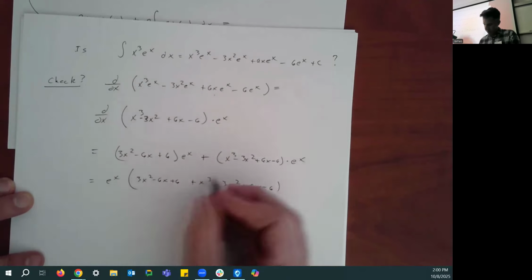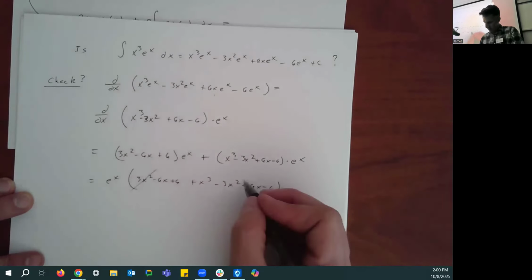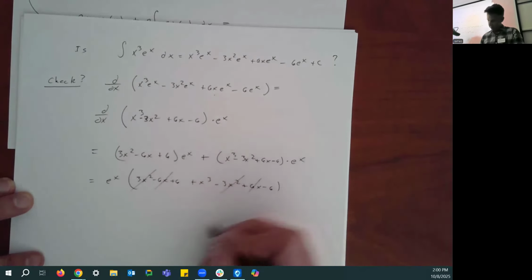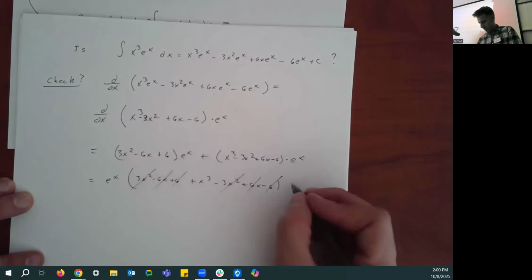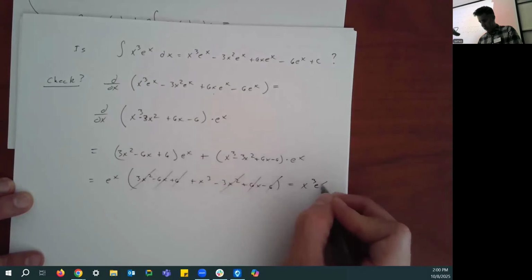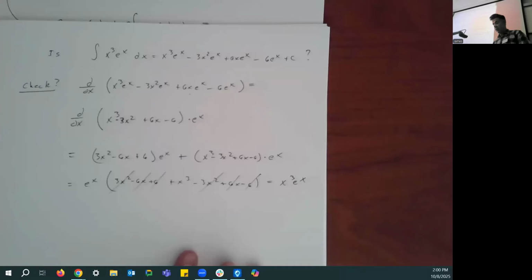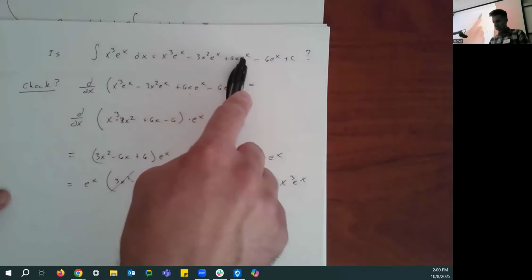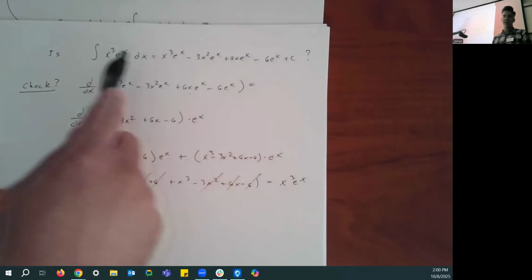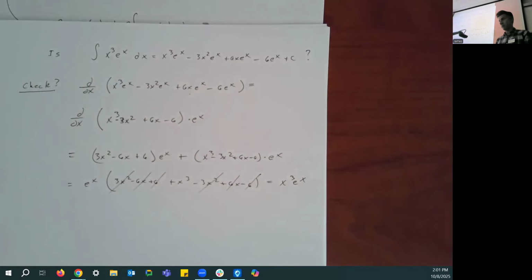And look, the things cancel. 3x squared, negative 3x squared, negative 6x, positive 6x, plus 6, minus 6. And you get exactly x cubed e to the x. So that shows us that this integral must equal that because the derivative of that was equal to the integrand x cubed e to the x. Cool. We'll talk more about this on Friday.